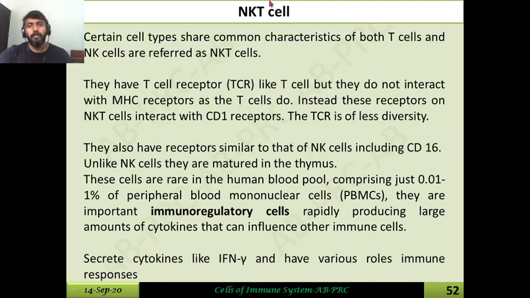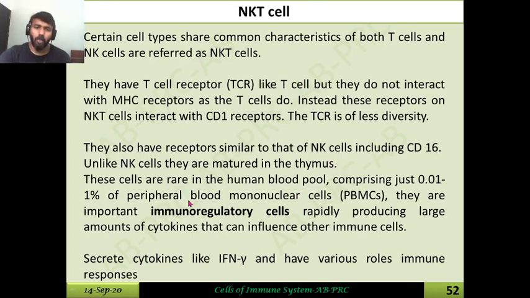All right, but how this is related to NK cell is that they show receptors like CD16, a receptor commonly found on NK cells. Moreover, they have the capacity to secrete chemicals, and these chemicals are also similar to those of NK cells. So these cells show properties of both NK cells and T cells. That's why they are called NK T cells.